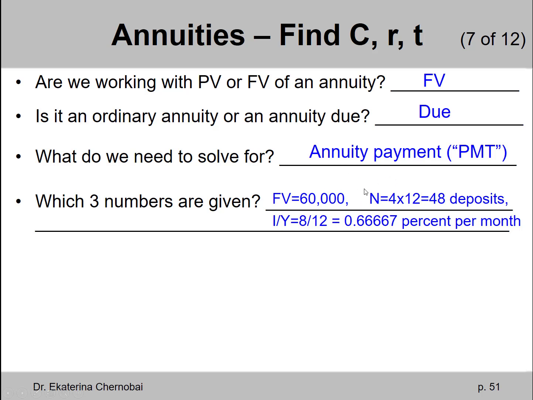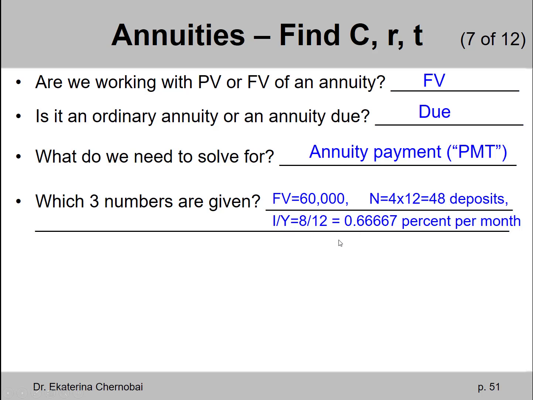So for example, for your N, the number of deposits, you need to put how many monthly deposits you will have. Because in our problem, we will be making deposits over 4 years, you should put not 4, but 4 times 12 equals 48 for your number of deposits. So our N will be 48.